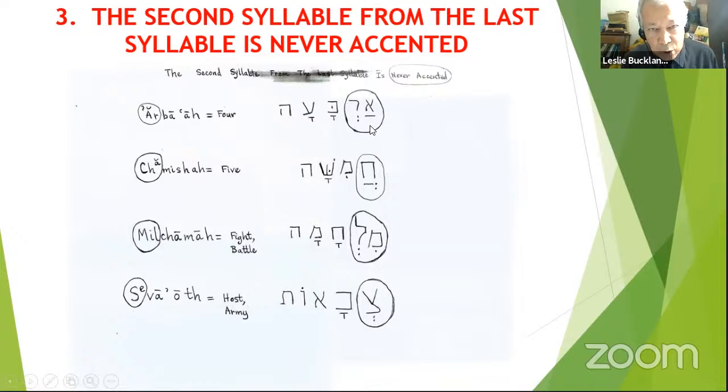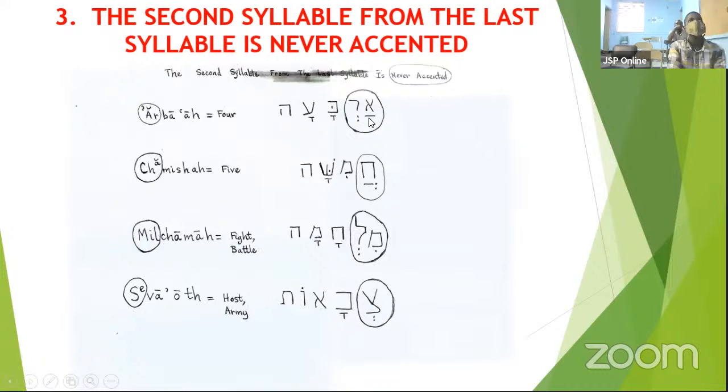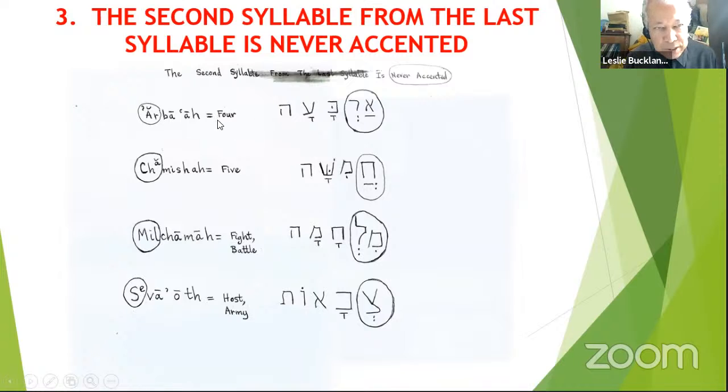This is 1 syllable, that's ar. This is another syllable, ba. And this is the third syllable, ah. So together it is arba'ah, which means 4. It's the number 4.